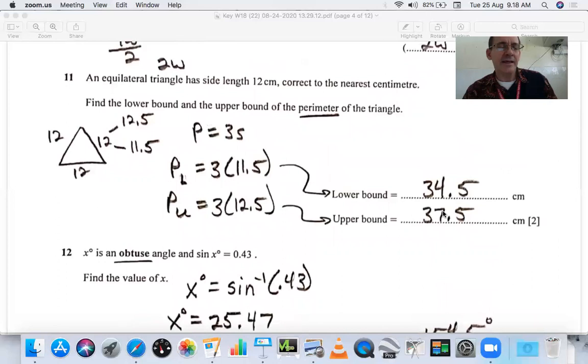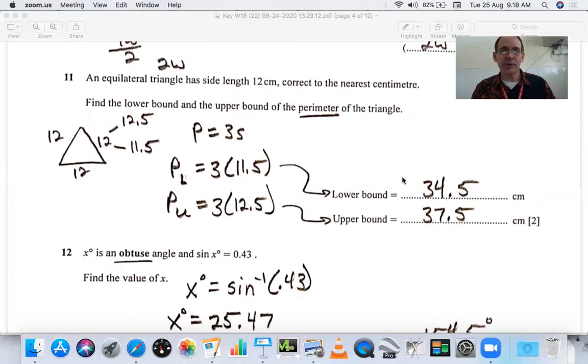So if you have an equilateral triangle where you have measured out 12, accurate to the nearest centimeter, it might not be exactly 12 centimeters. It's measured accurate to the nearest centimeter, which would be 12.